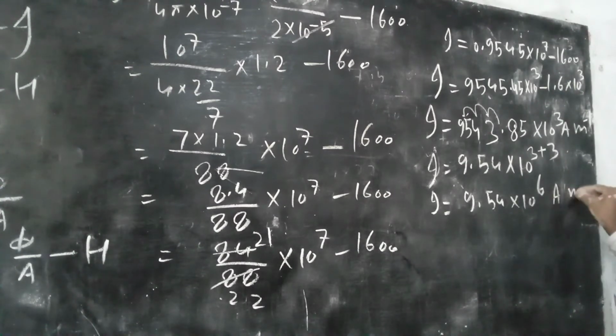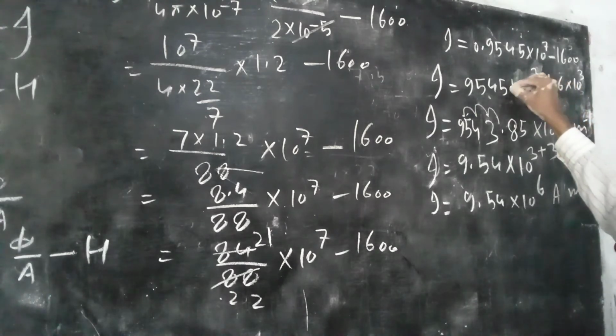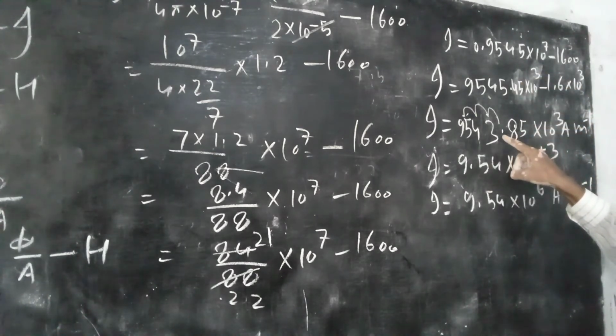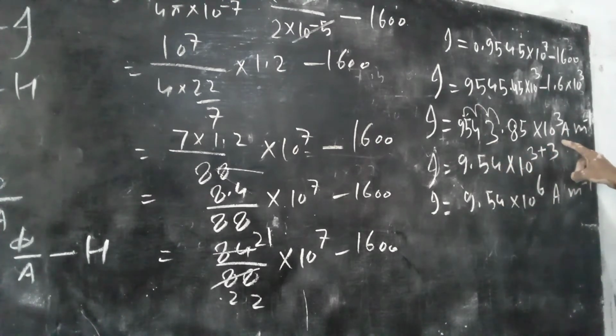Okay, no, this is not the answer, the answer is on this side, let's check. 9.534 into 10 to the power minus 5. Oh, only 5, 10 raised to power 5, only 5. Yes, only 5. So you have shifted the decimal 1, 2, 3, 4 places. So 7 minus 4 will become 3, or 3 place shift. Then 10 raised to power 3.